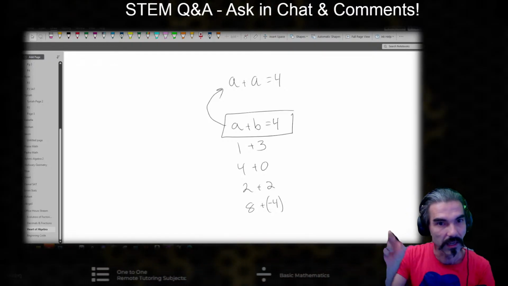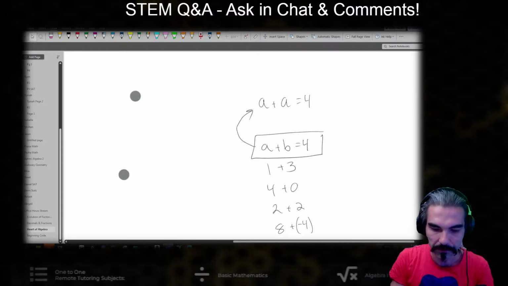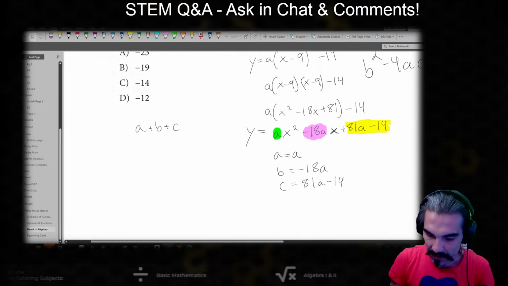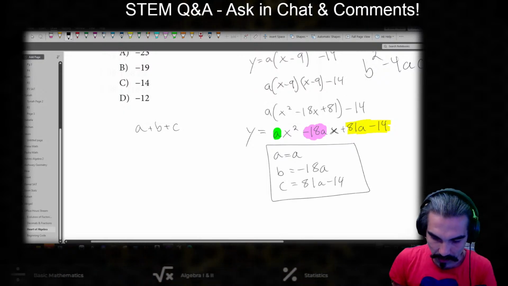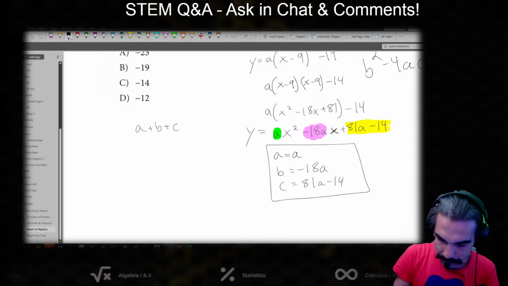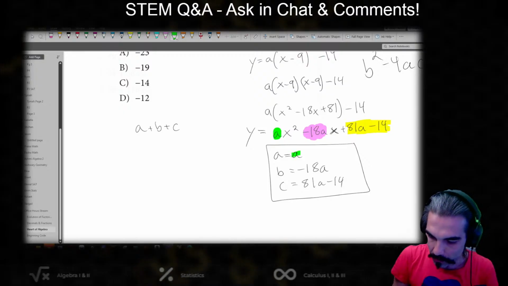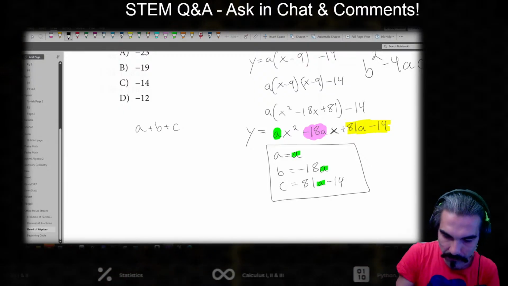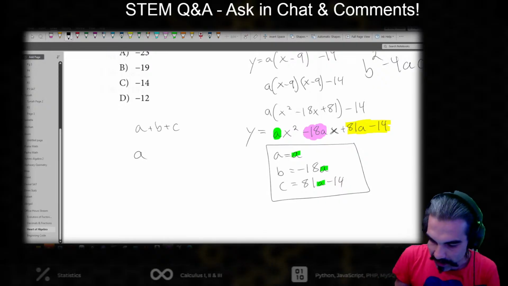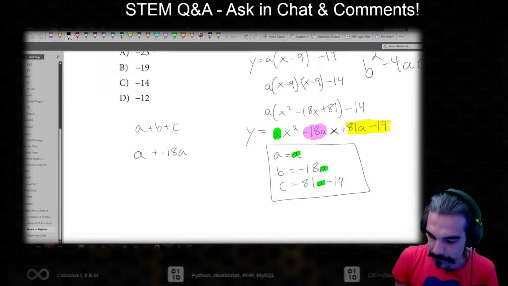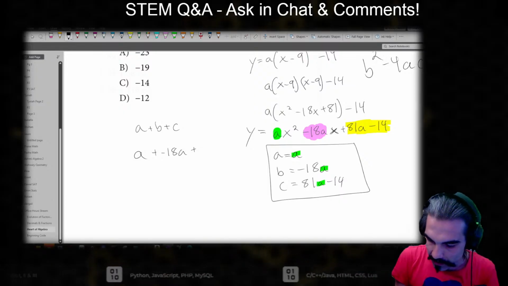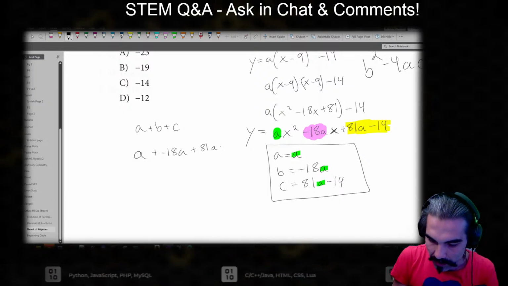Oh, if I do this, I get all single variables. If I plug in these substitutions for a, b, and c, notice that we're left with only a's. So let's do that. A is a, nothing big there. B is negative 18a, and c is 81a minus 14.